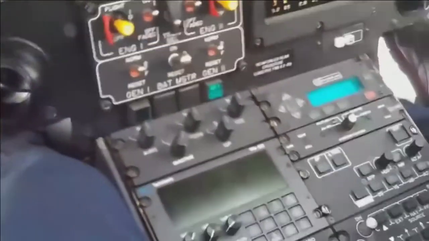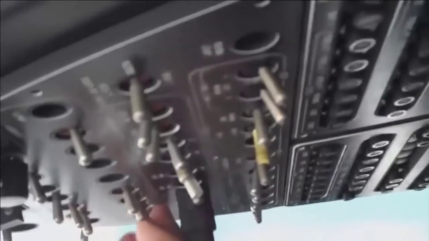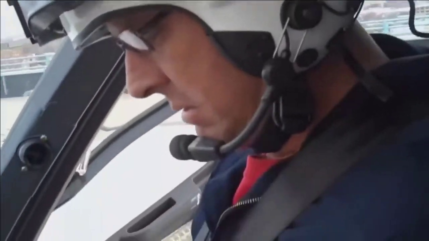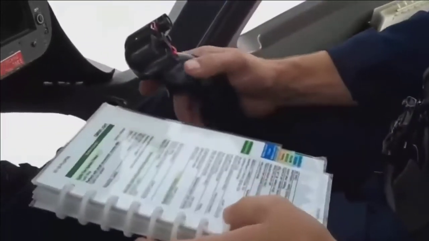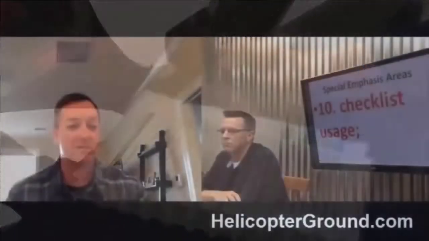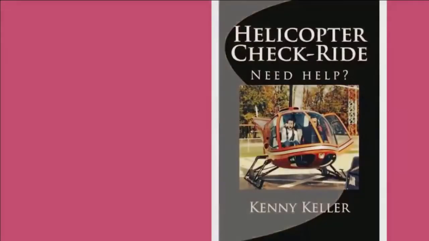Tell me about checklist usage and what you know, what you do, what you've seen, and what's important about it. First of all, it's very important to use a checklist for everything, especially for your pre-inspection. You could miss something without checking your checklist, something broken that could make the helicopter unairworthy.